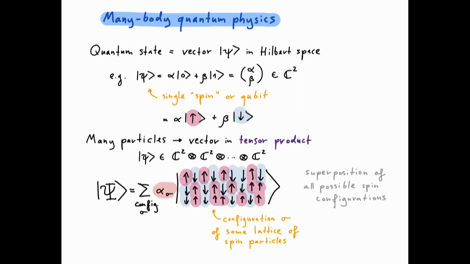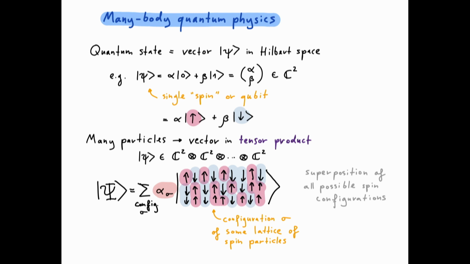But then in a many-body system, we have a lot of particles, and they can all be either up or down. Let's say that we have some two-dimensional spin system, some sort of quantum magnet, and then the quantum state is described by a superposition of all these possible configurations. So this is the formula.